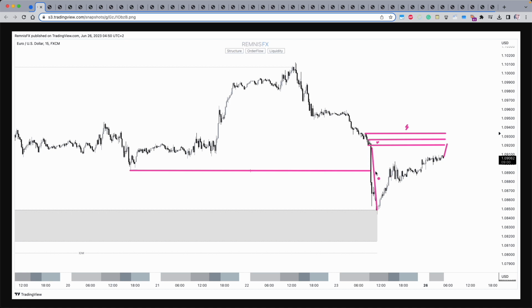I thought price will come here, trigger all those pending orders, give a reaction obviously, and eventually go higher to take out everyone who entered here for sells, who are now basically trapped.